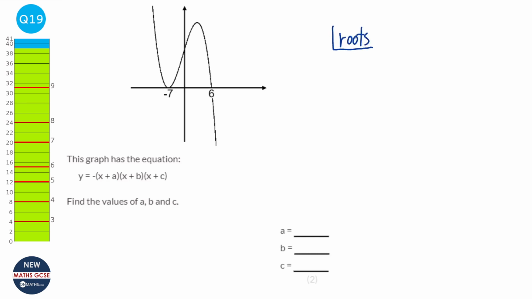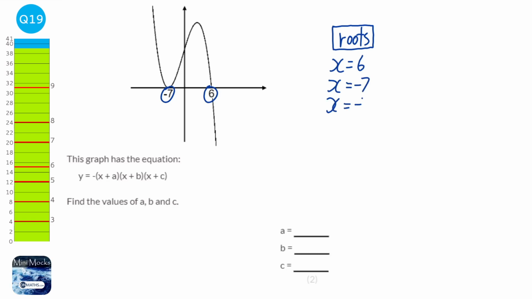So the roots are where the line crosses or touches the x-axis. So here we can see it crosses at 6, so when x equals 6. And here, now this is an interesting one, it actually touches it twice. It touches it at -7 the first time going down, and then it touches it at -7 going up.